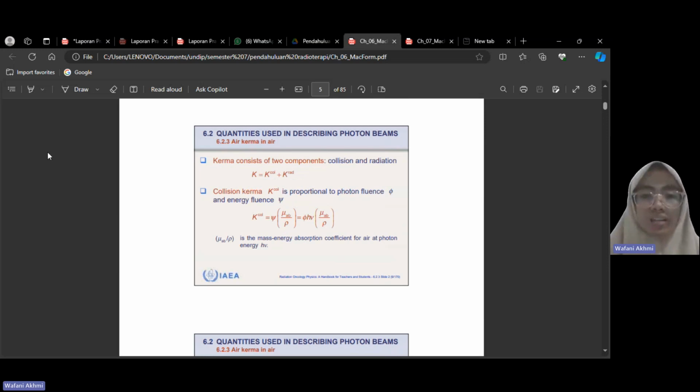6.2.3 air kerma in air. Kerma consists of two components, collision and radiation. And collision kerma is proportional to photon flux and energy flux.